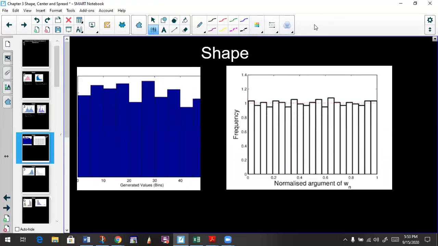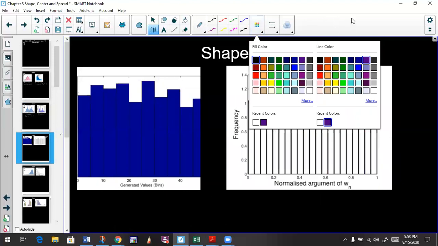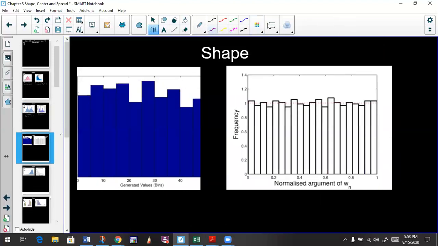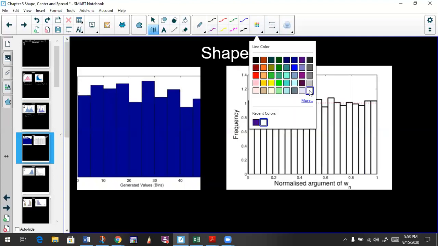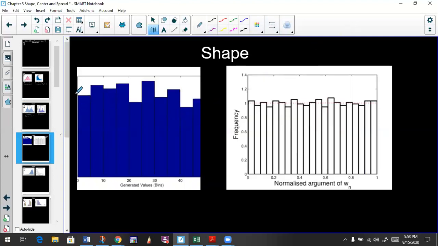And when you have that, where your bars are roughly the same height, it's kind of like in the Army, everybody wears the same clothing, and you call that a uniform. So these are uniform distributions, uniform histograms. And so they're roughly the same height.